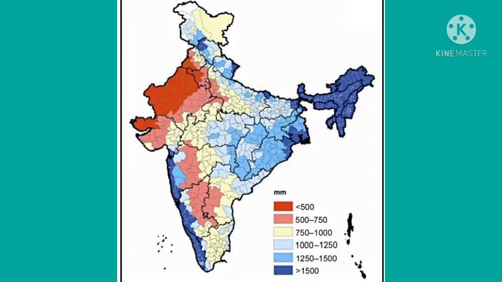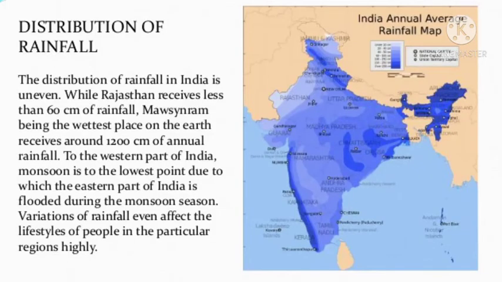The medium rainfall areas receive between 100 to 200 centimeters. The areas of low rainfall receive between 50 to 100 centimeters, and a few areas are known as very low rainfall areas, receiving less than 50 centimeters of rainfall. And a few areas are also known as the rain shadow areas.